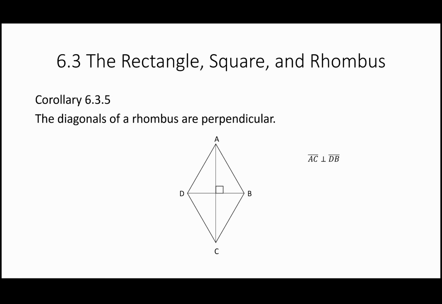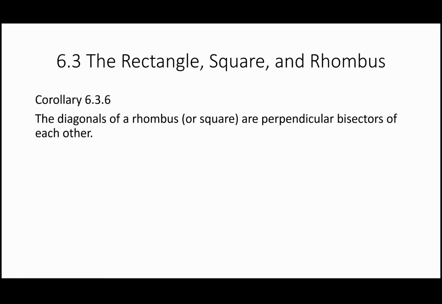Not only are the diagonals of a rhombus or a square perpendicular, but they're also bisectors of one another.